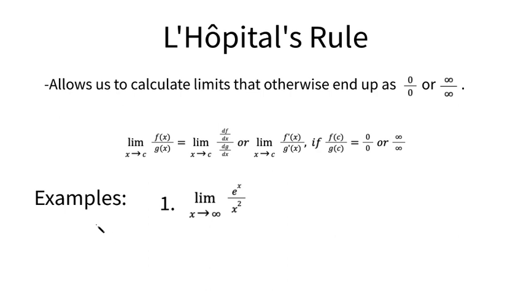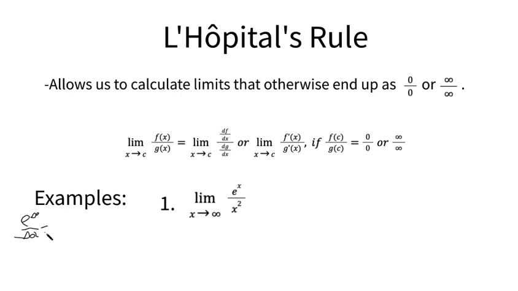Okay, the limit as x goes to infinity of e to the x over x squared. I'm just going to show you here on the side, just for this one problem, why if we just plugged in infinity for x, it would not work. We would get e to the infinity power over infinity squared, if we just wanted to use the plug-in method to solve the limit.